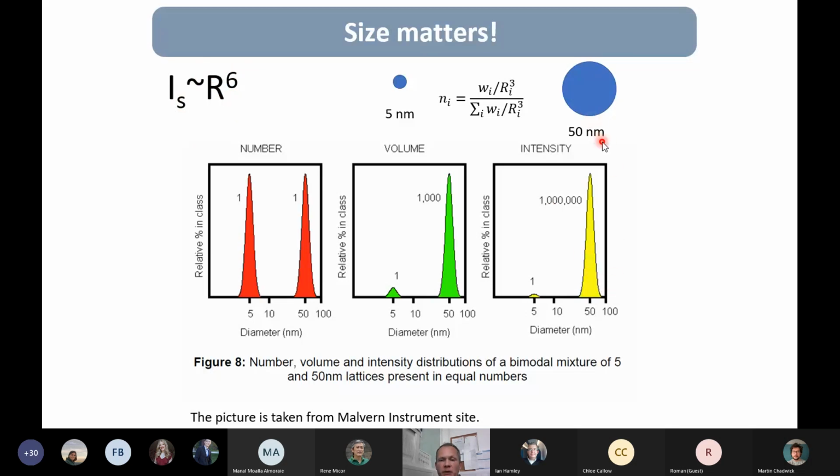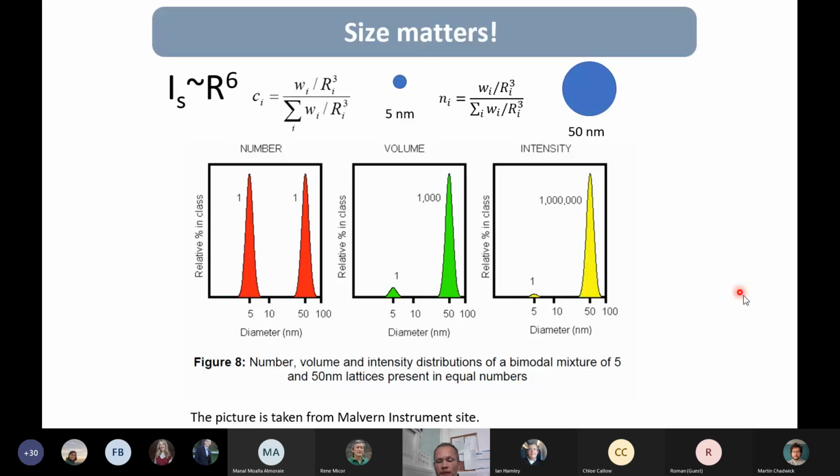The 15 nanometer protein scatters 1 million times higher than the 5 nanometer protein. And again, that's what you have to keep in mind when you are analyzing your proteins, your food samples, by such a method as dynamic light scattering.